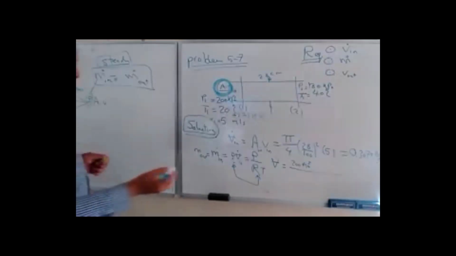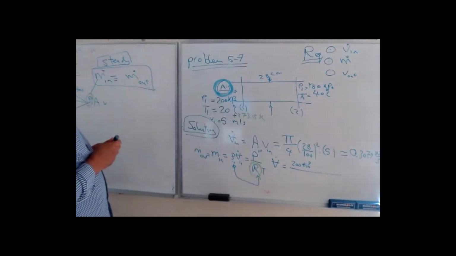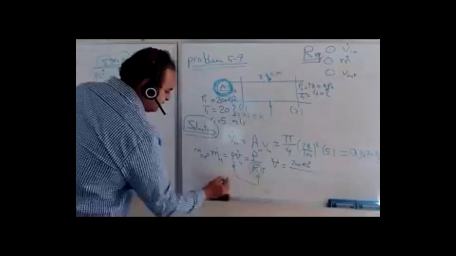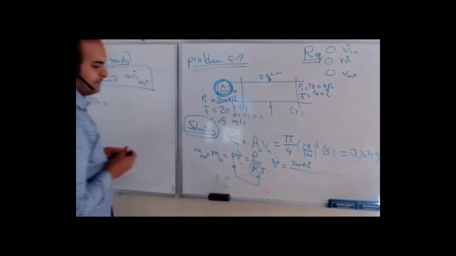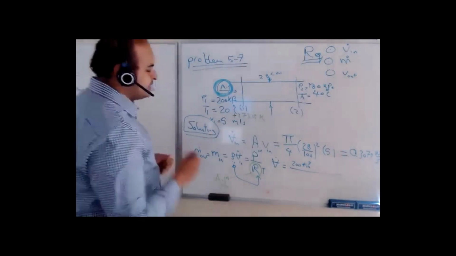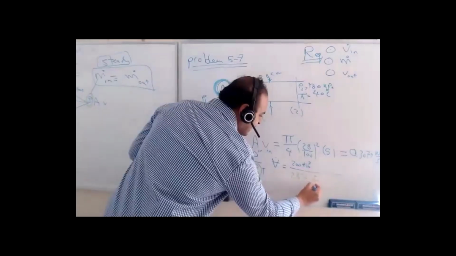You didn't solve homework one yet? Table A1. Air is 287 joule per kilogram Kelvin.